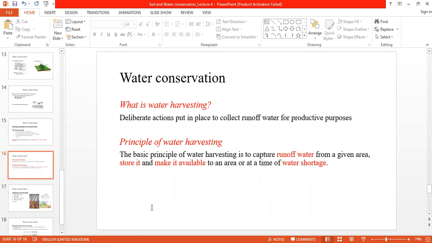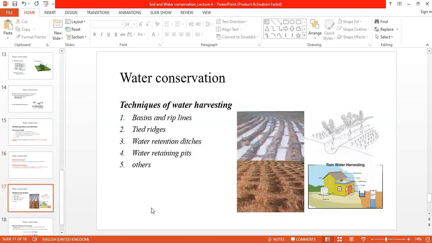There are different ways for rain harvesting. You find a wide range of techniques. We won't even exhaust them here, but like I said, the principle is just to collect water and then use it when it is needed.